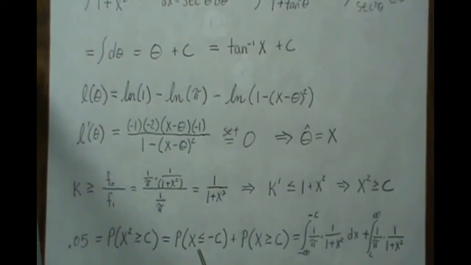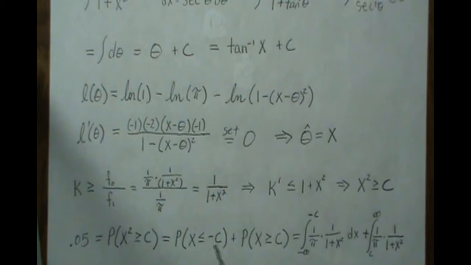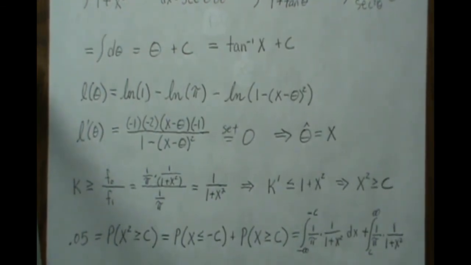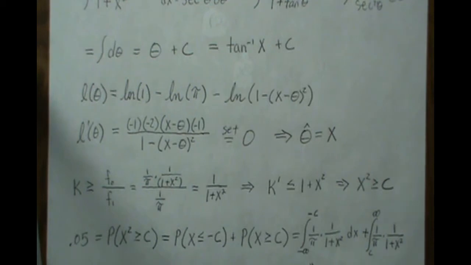So we're less than some value, some minus c, because we're in the left tail, or greater than some c in the right tail. That's what makes this happen. And if you draw a graph of that, then it's a little more evident.